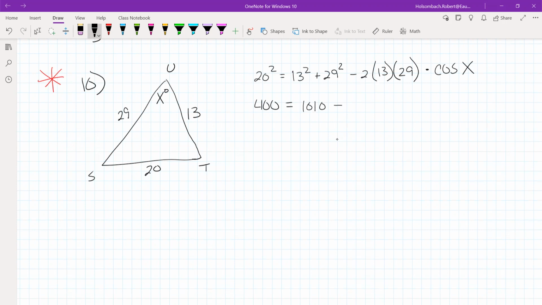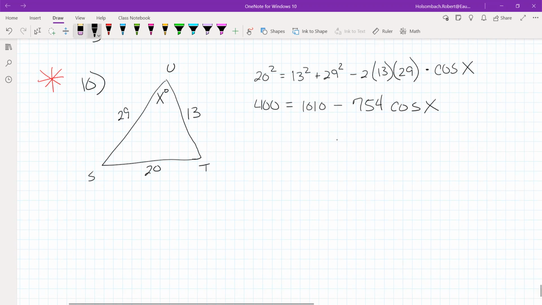All right, we got 2 times 13 times 29 equals 754. This is 754 times cosine X.